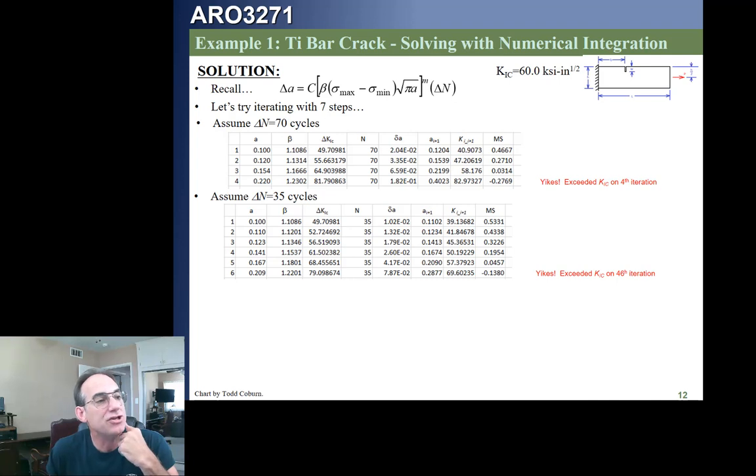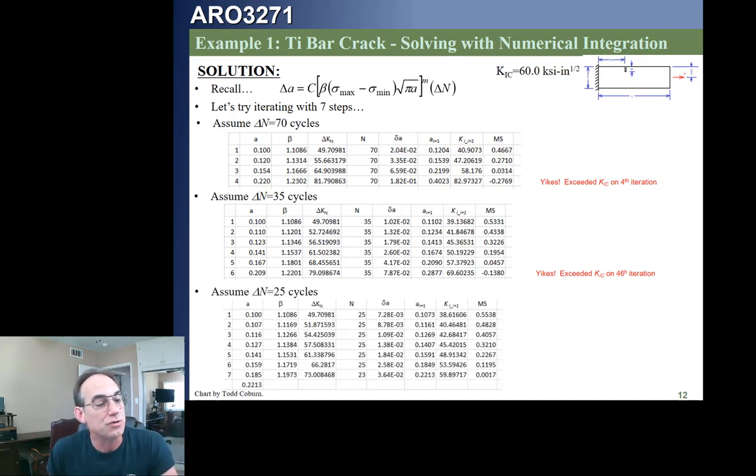If instead we had chosen, this is another attempt to approximate this, if we had chosen 35 cycles and go through the same approach, then we find out we get 6 cycles before we converge on the solution. If we instead assume 25 cycles, we now have in 7 cycles we found the answer, and now we're saying if we add up all these n's together, we have an estimate about 173 cycles.